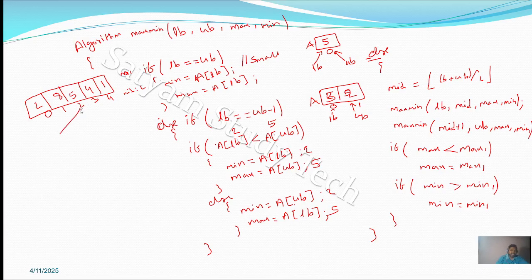So this entire array is divided into 2 parts. Here you can see lower bound to mid, that is lower bound to mid value, the index is 2. So this part consists of 3 elements, 2 and 8 and 5.